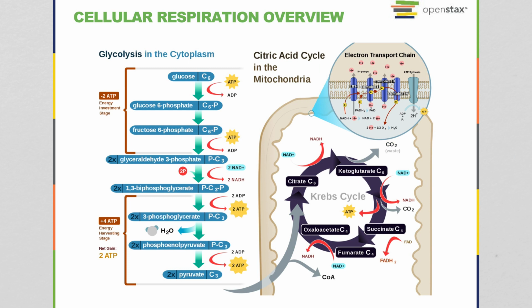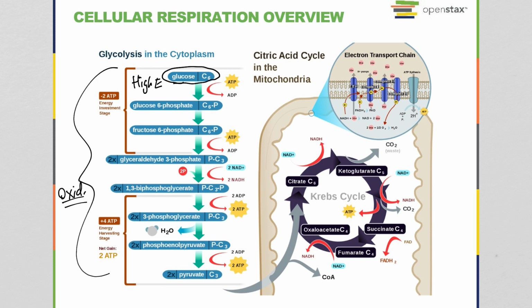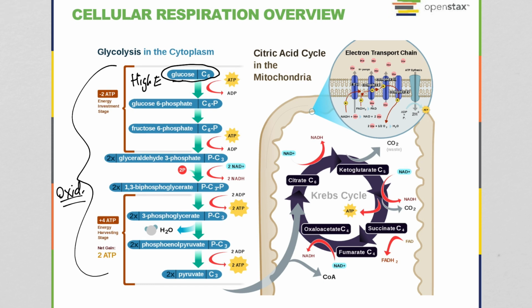What are we doing? We're starting off with this glucose molecule that is very high energy. It has high energy electrons. And as we go through this process, this is all oxidation of glucose, right? We're oxidizing glucose, removing its electrons. And what are we removing those electrons to do? We're giving them to NAD+, forming NADH.